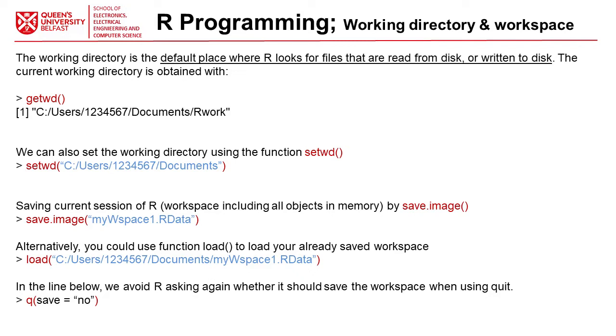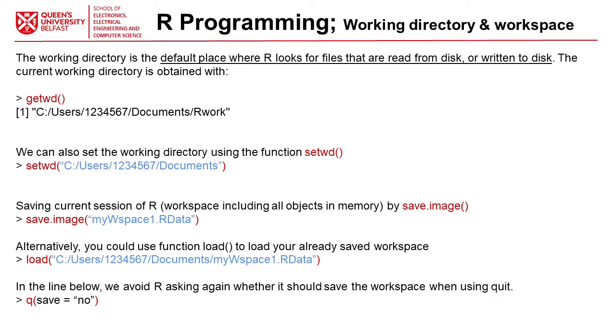The first ones are getwd, get working directory, and setwd, set working directory. When you're working in RStudio, RStudio assumes a specific default working directory from which it loads or saves all the information from the disk or onto disk.